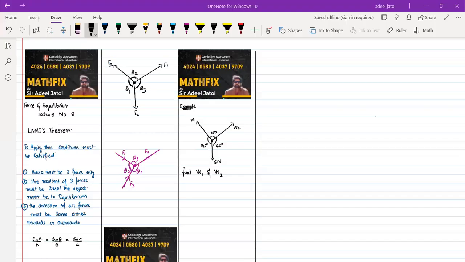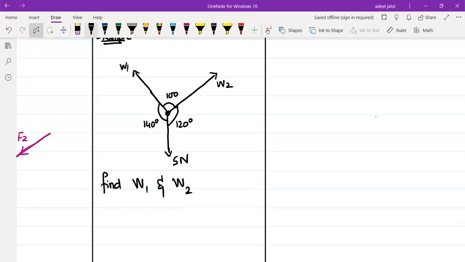So here's an example question of the same Lami's theorem to be applied. We need to find W1 and W2. For W1, we have been given 120, whereas another force and another angle are already given.